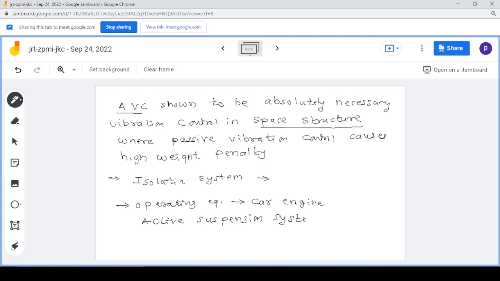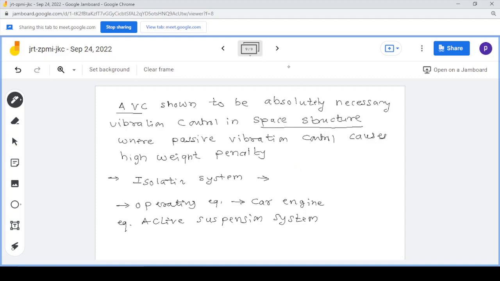It will neutralize the vibration being transferred to the supporting structure, which is generated because of the oscillatory forces produced from the source.